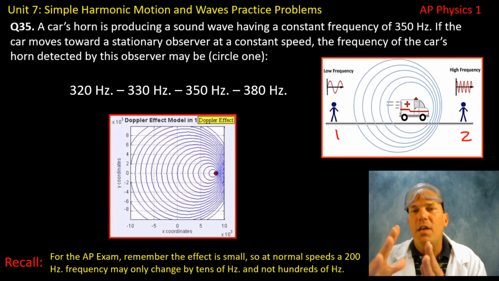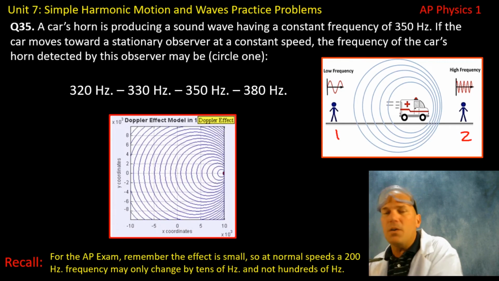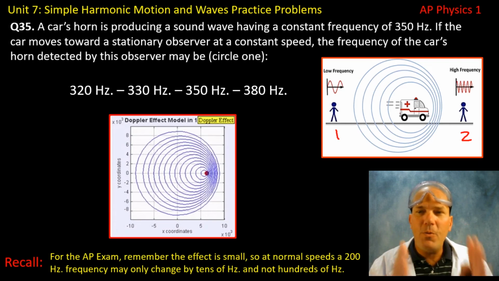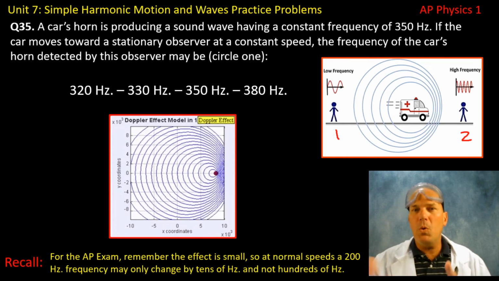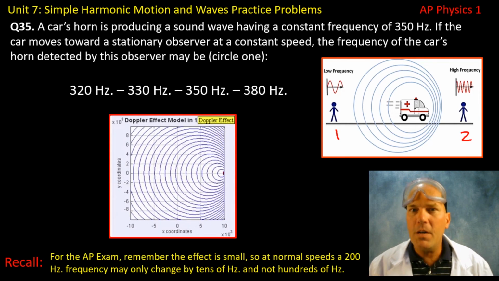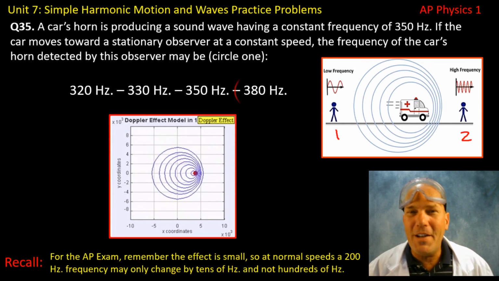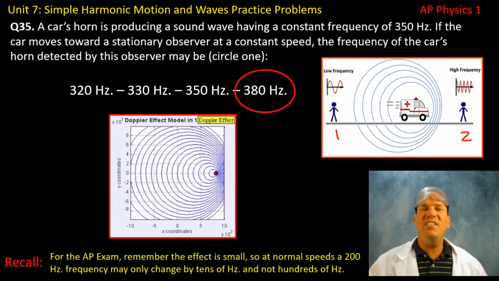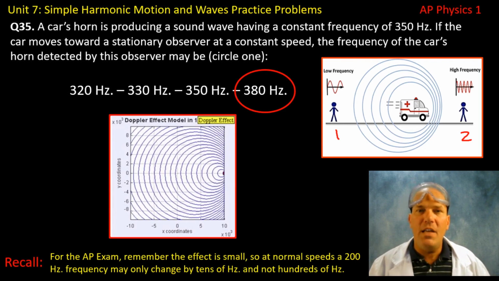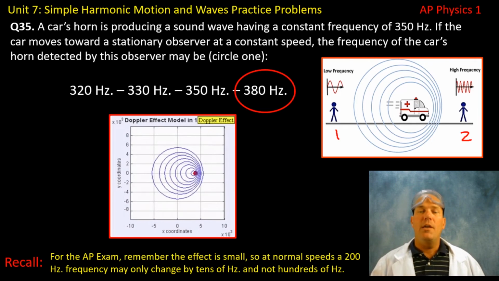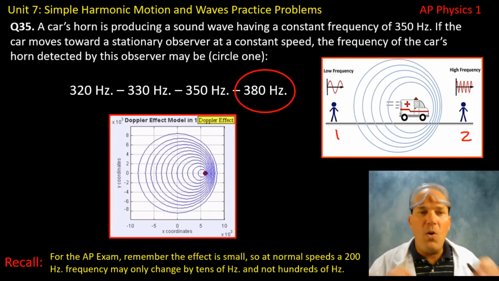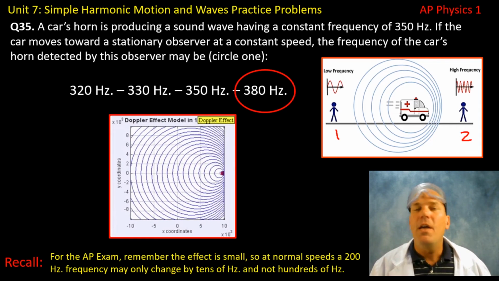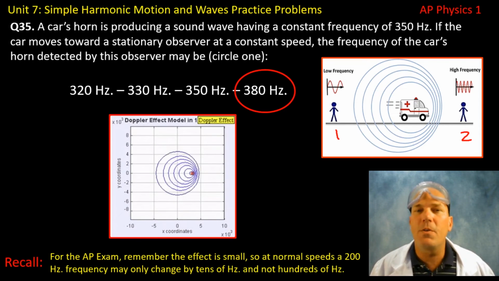We can see the waves scrunched close together, and getting further apart on the left side. So if we have 350 hertz and it's moving toward the observer, we're going to want to choose an answer that is greater than 350 hertz. And notice again, it's tens of hertz greater, not 100 plus hertz, because the Doppler effect is only detected by differences in tens of hertz. All right, so that is the answer, 380 hertz for question 35.